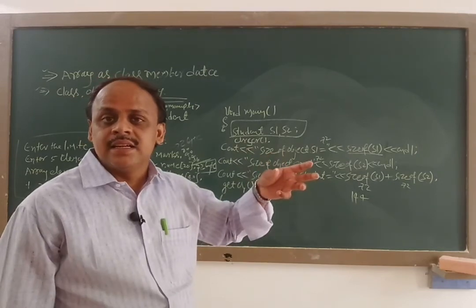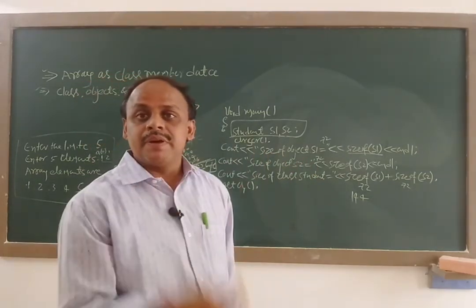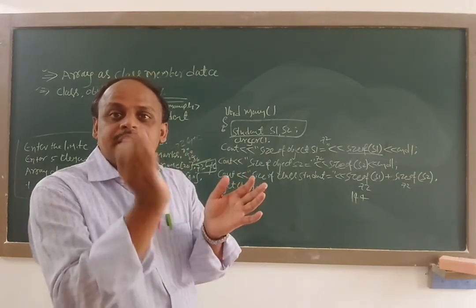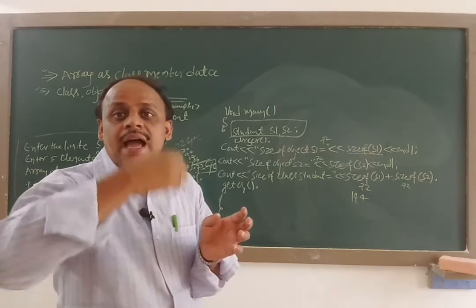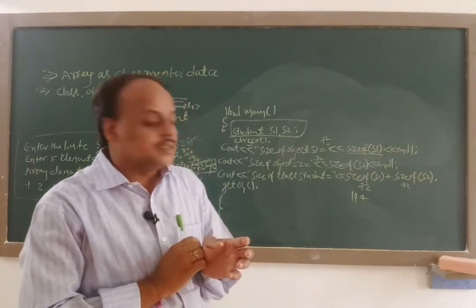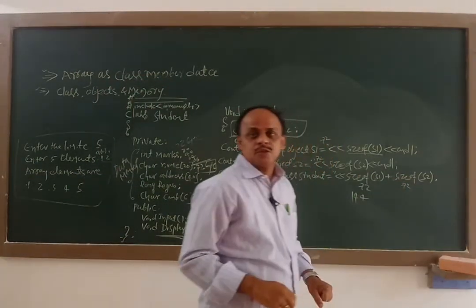What is a class? A class is a collection of data members, member functions and objects. So to find the memory allocated for the class, we have to add the memory allocated for the class objects. Therefore I wrote size of S1 plus size of S2.